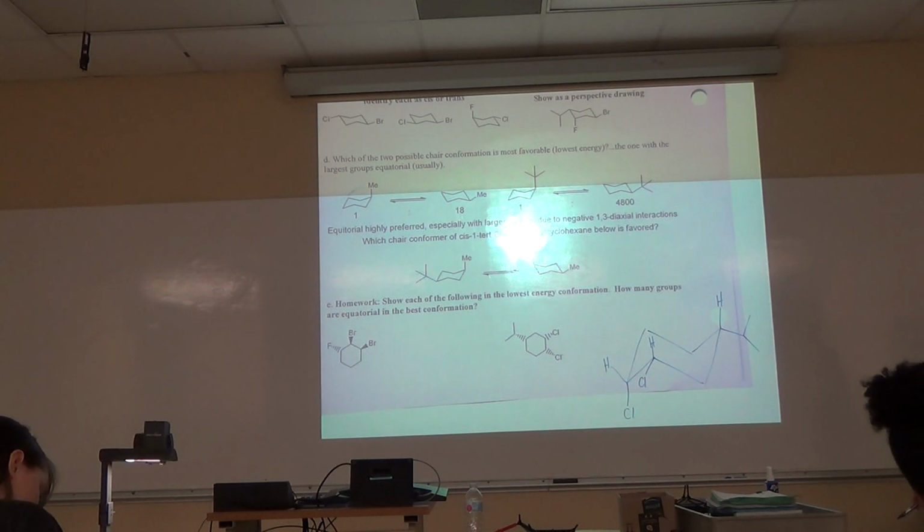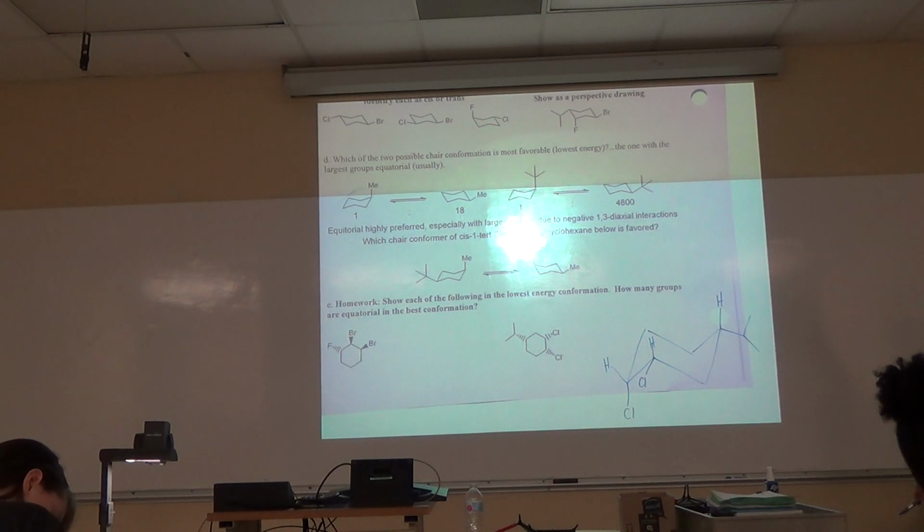Is there any particular reason you drew them both equatorial? I mean, when I was doing it, I still did 1, 2, 4, but they were both on a dash versus wedge, and they're both above a hydrogen. See, my question is, how do you go from a wedge or dash on a cyclohexane to a chair?